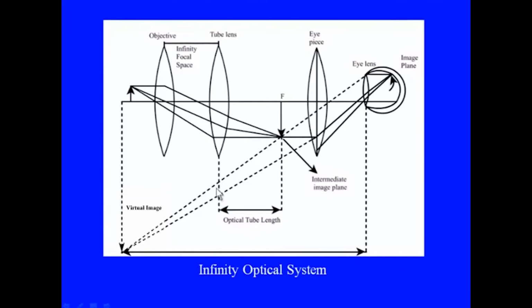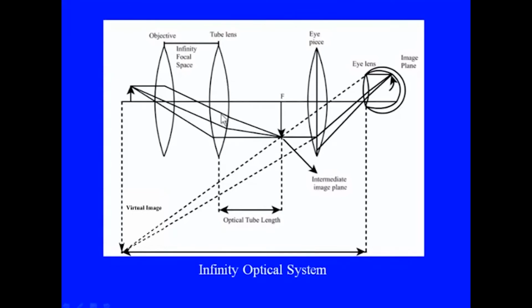So, you can see that it is completely different, and here there is no image formation. Most of the aberrations could be corrected in the objective lens, or they could be corrected in the tube lens. Most of the time the objective lens is corrected for aberrations, or it could be the tube lens.